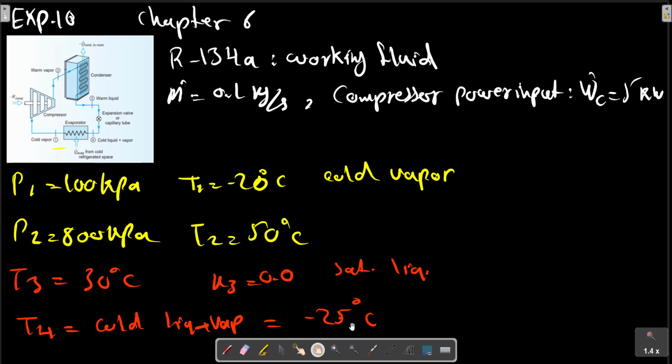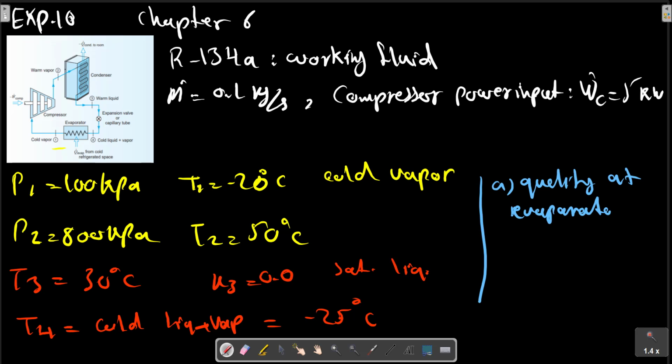Calculate the quality at the evaporator inlet.